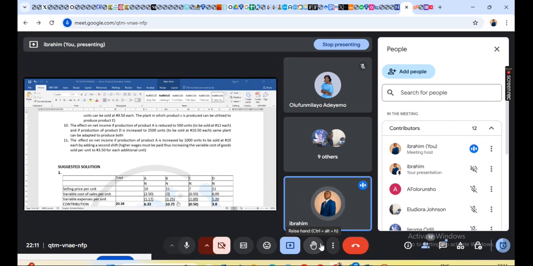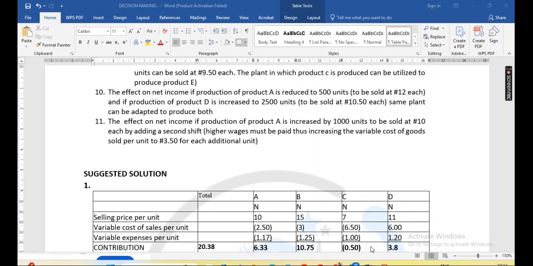But if they say it is increased by 1,000 units, you have to increase the original unit by that amount. And then it will be sold at 10,000 each. By adding a second shift, high wages must be paid, thus increasing the variable cost of goods sold.